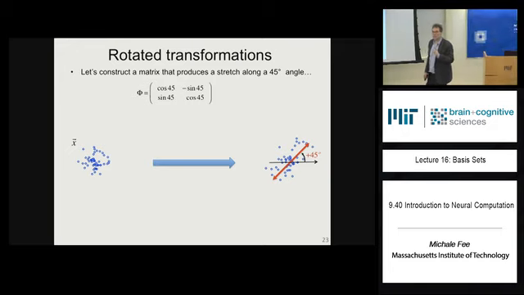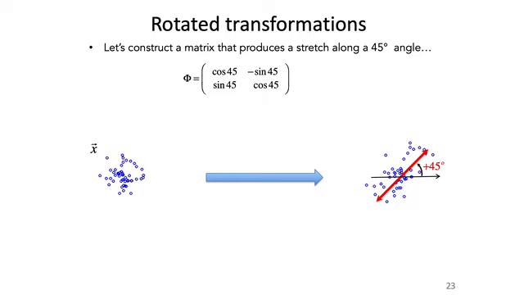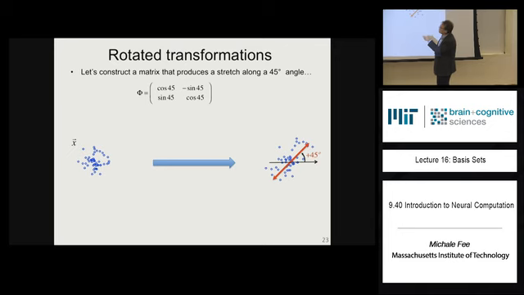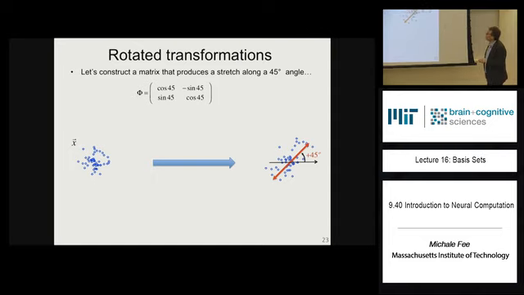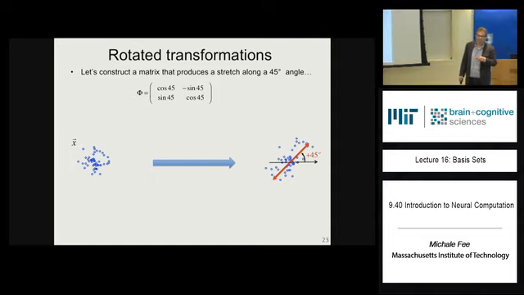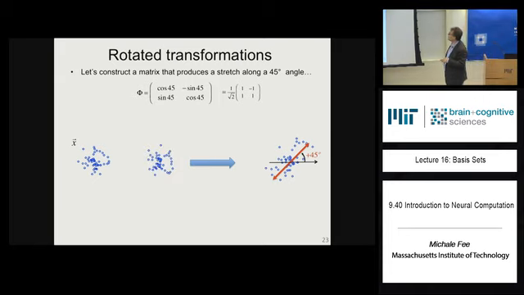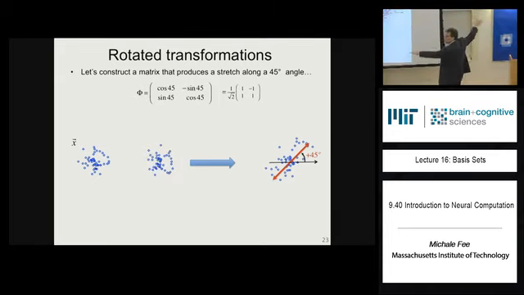So that's the first thing we do. Then what we're going to do is take that set of points and rotate it by minus 45 degrees. Okay?